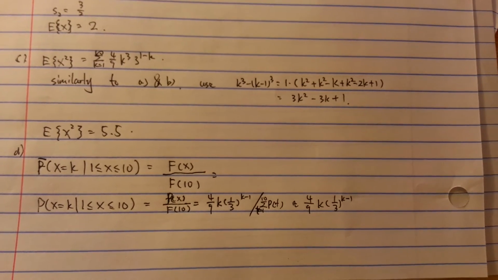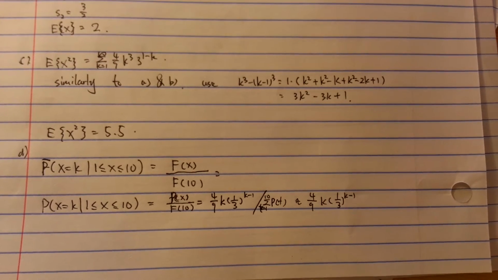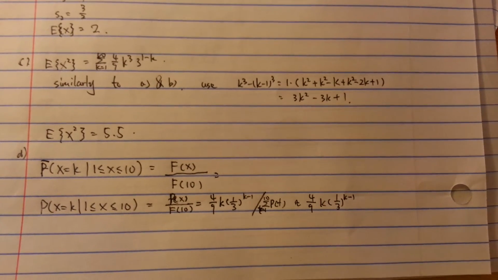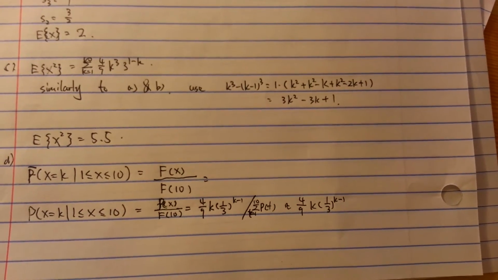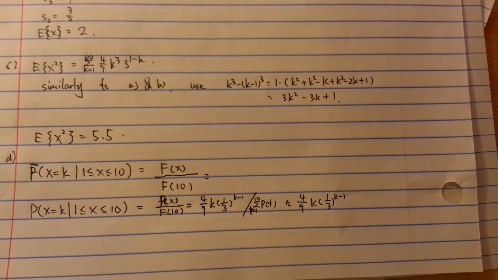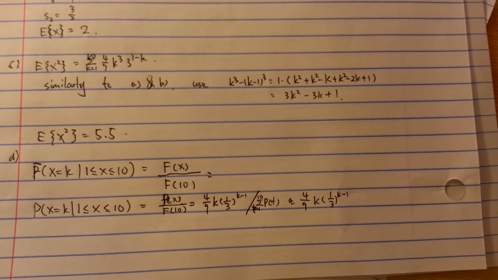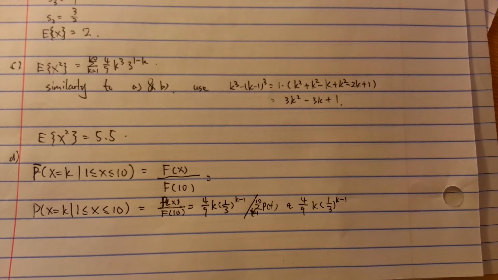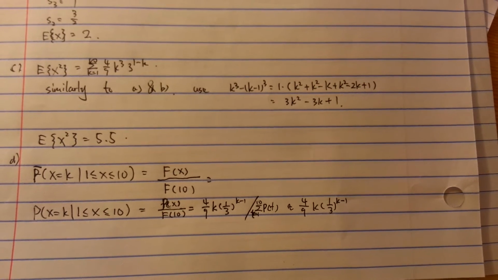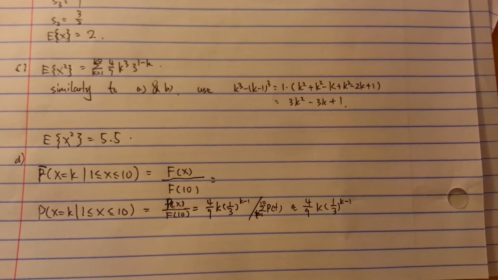For the numerator, it is 4/9 times k times (1/3)^(k-1), and the denominator is the sum of the probabilities for t from 1 to 10, which is nearly equal to 1. So the whole answer is nearly 4/9 times k times (1/3)^(k-1), and this is the answer of the first problem.